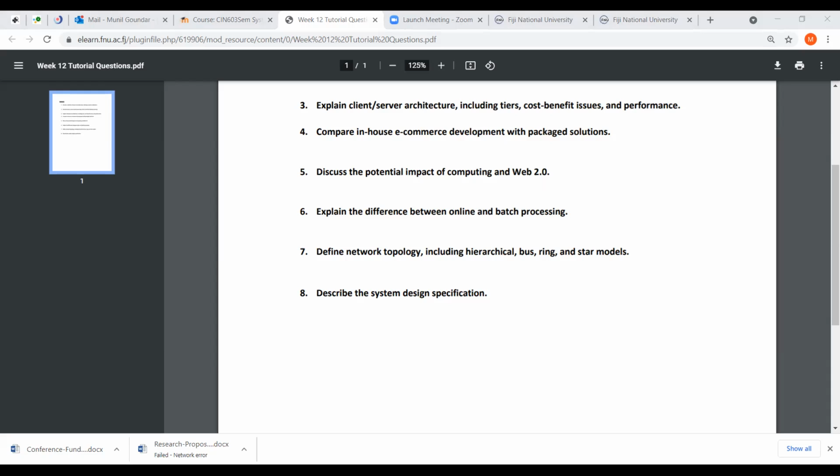Client-server architecture is where a client requests for information and the server responds. Full stop.